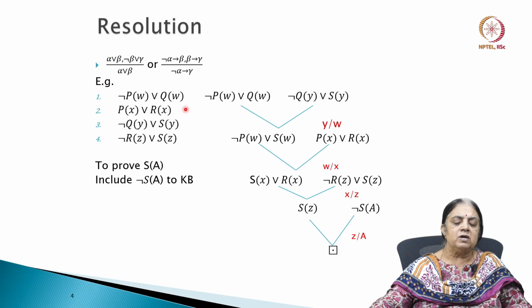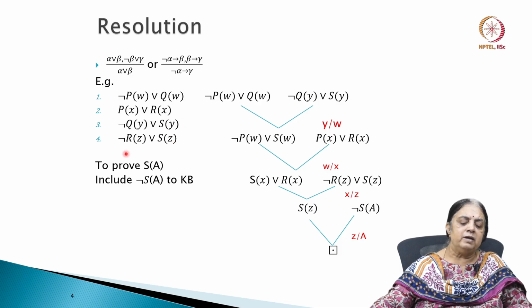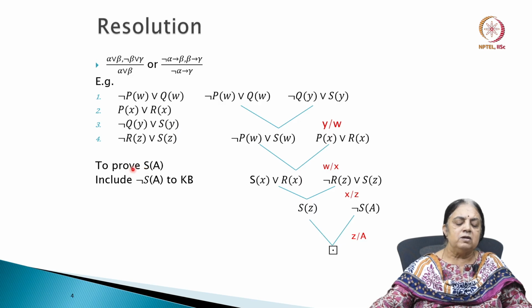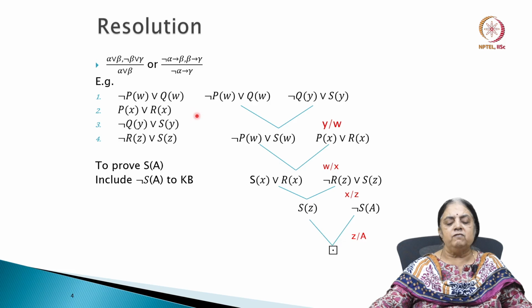So you have a conjunction of disjunctions basically, and whatever you want to prove, for example, if you want to prove S of A, you have to include not S of A. So you are including the negation of what you want to prove into the knowledge base, and once you do that, you need to take these sentences and you have to use resolution on that.